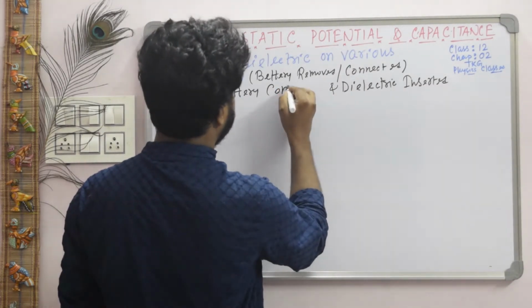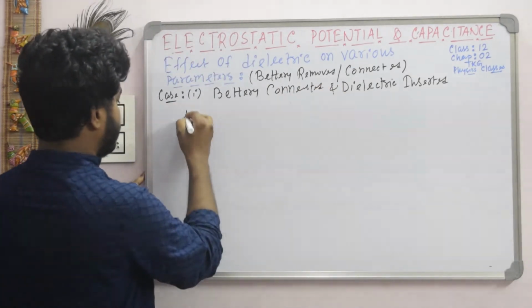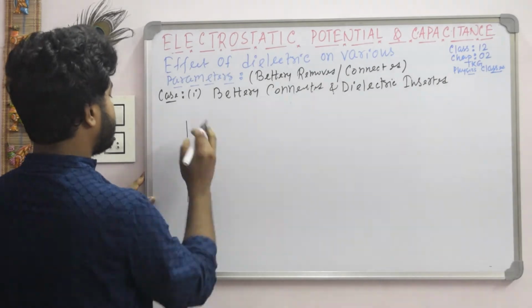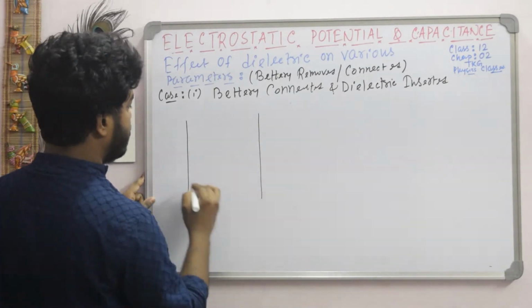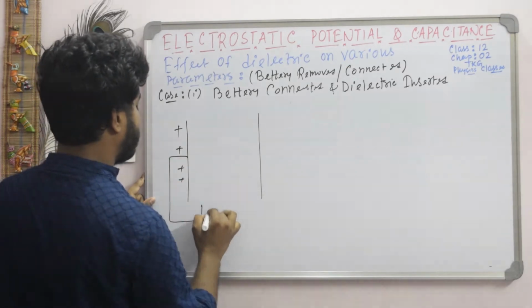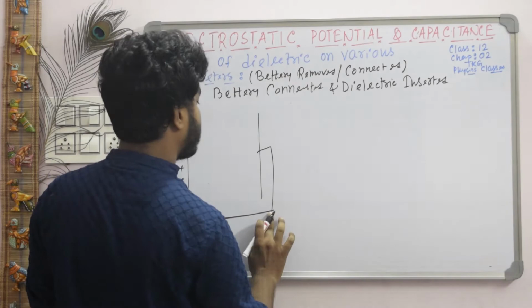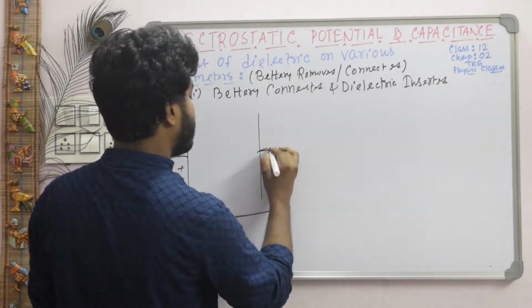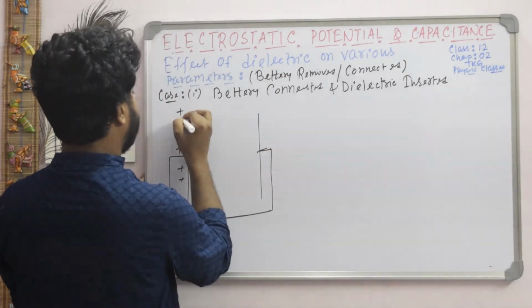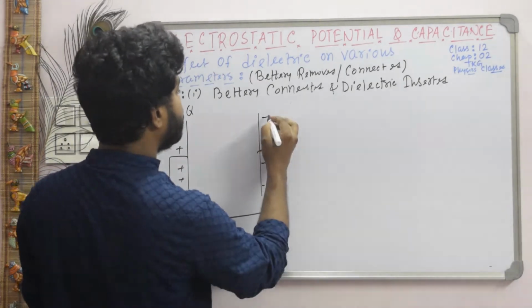So this portion is connected. So write it down, this is the positive plate, this is the negative plate, and this is supplied by the battery, and this battery developed a charge for the positive plate, that is plus Q, and for the negative plate, that is minus Q.